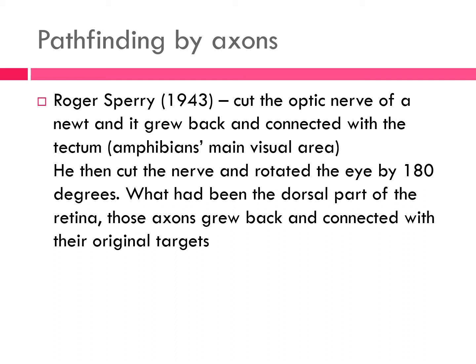And those axons grew back and connected with their original targets. Okay, so it wasn't that the world stayed the way it was because the dorsal part of the retina grew back to the dorsal part of the tectum. It's flipped now upside down.